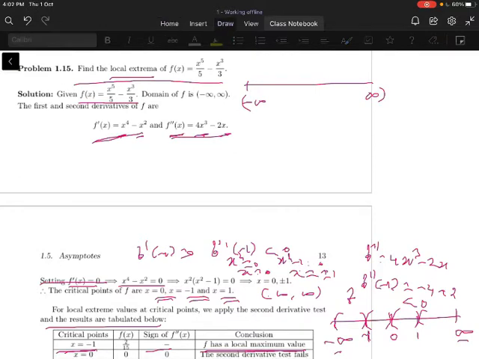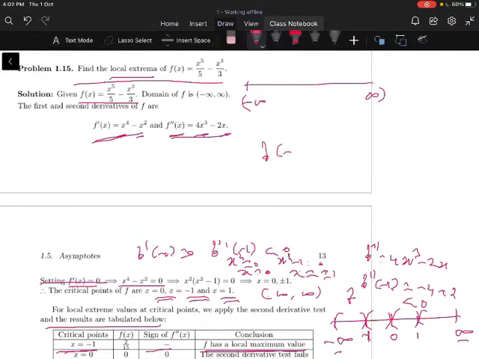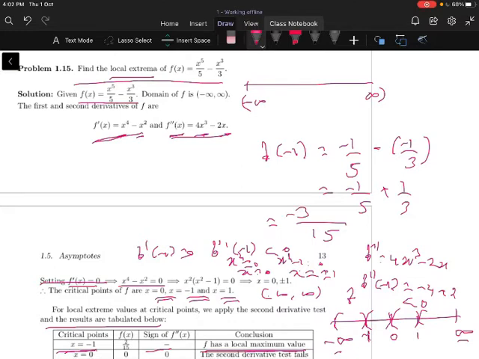So the given function is x to the power of 5 by 5 minus x cube by 3. Let us find out f of minus 1, which is equal to minus 1 by 5 plus 1 by 3, with x equal to minus 1. So 15 is the LCM here: minus 3 plus 5.